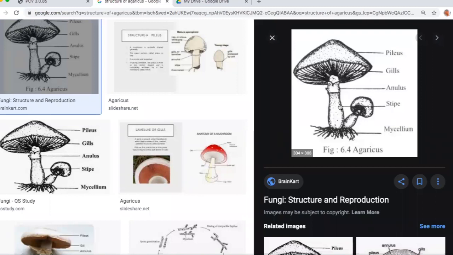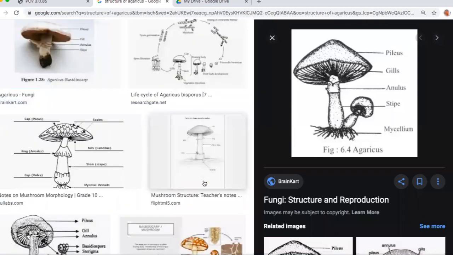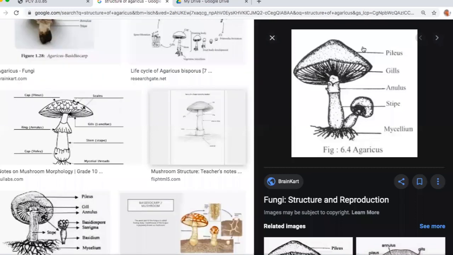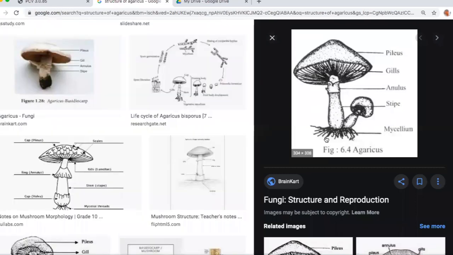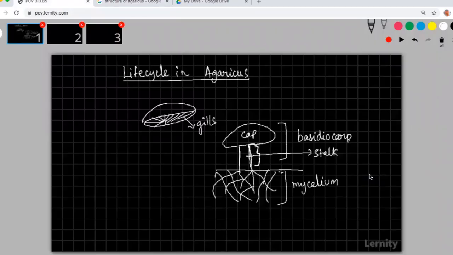Yes, this is what we call button mushrooms. This is the mushroom that we eat commonly. This entire structure is what we call the basidiocarp, and underneath is the mycelium. Are we clear?